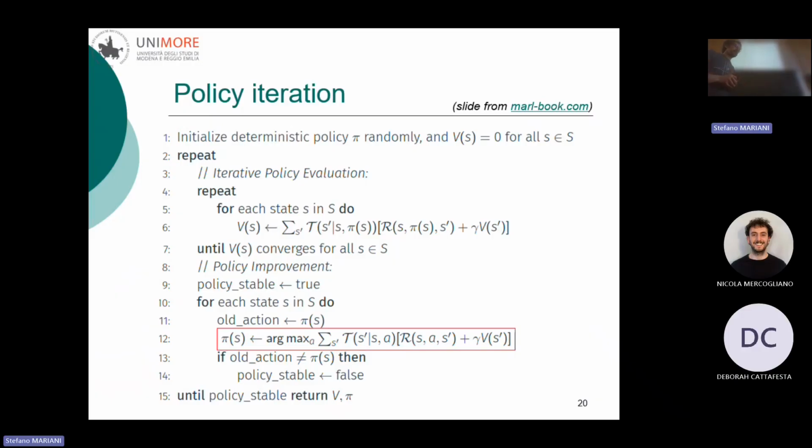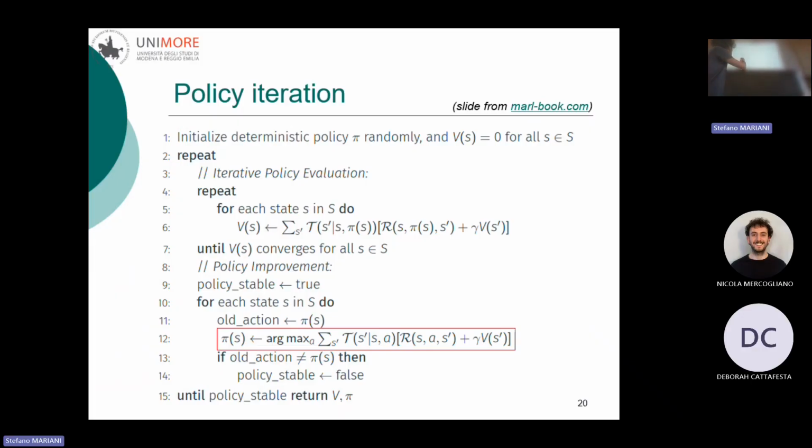Initialize all the V values for all the states to 0. I don't know anything yet. And then you repeat a policy evaluation step and a policy improvement step, these two macro parts, until the policy is stable, which means, as in our grid world, until the numbers don't change anymore.